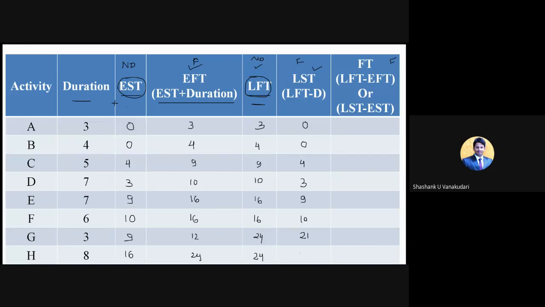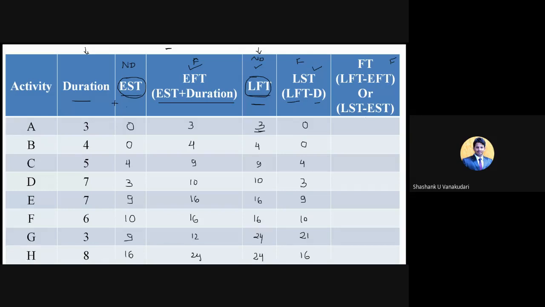Then 24 minus 8 is 16. Understood? From this table we need to deduct this duration, that is LFT minus duration.